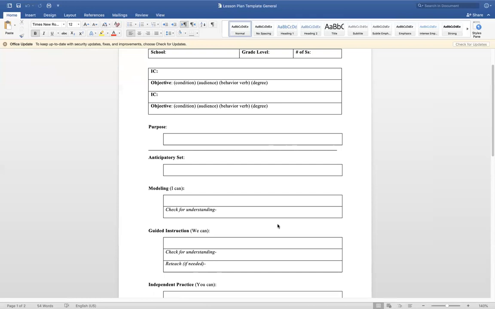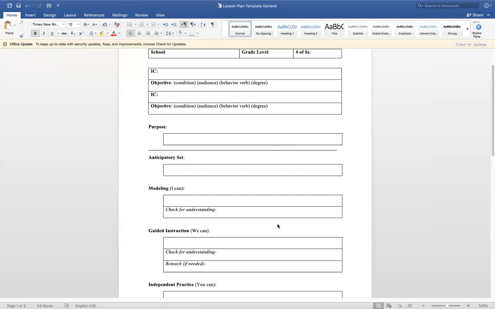So if there is anything that you need to remind them that they have already learned, or if there is an example, if there are words that they need to know, or certain language that they need to be aware of, those are everything that you include in that anticipatory set.